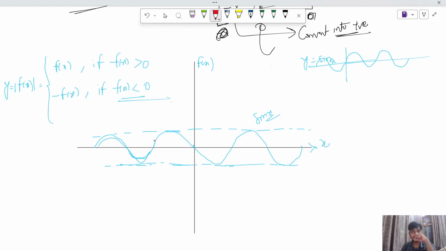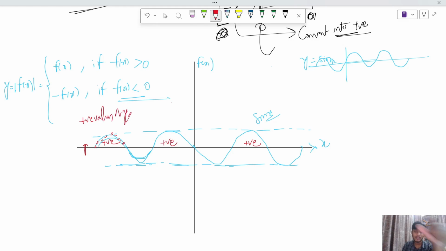Observe this function, which is positive here, here, and here. Whatever values this function gets above the x-axis are positive values. I'm saying positive values of y, not x.